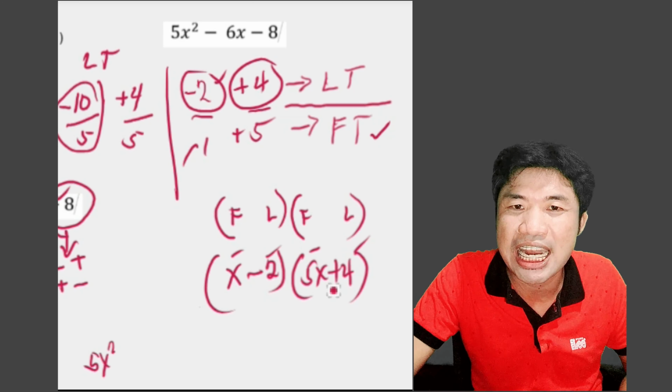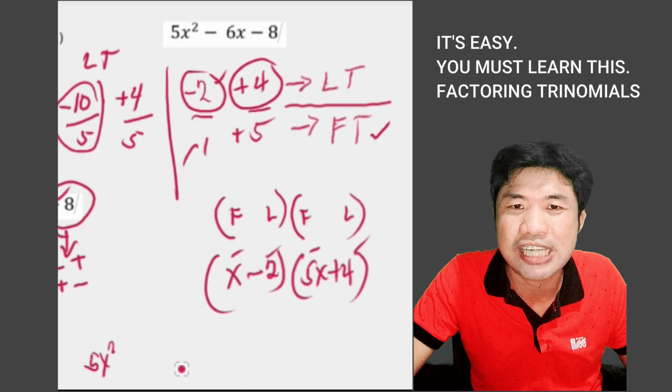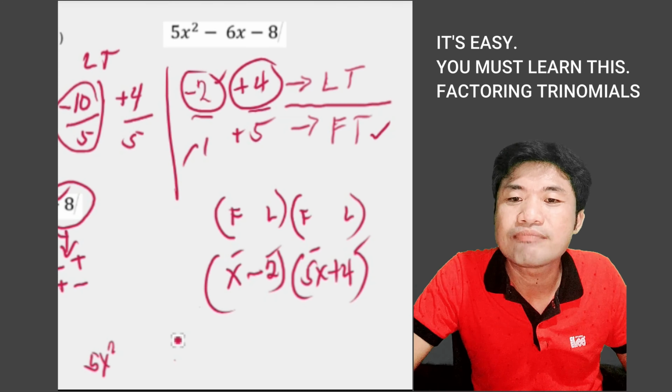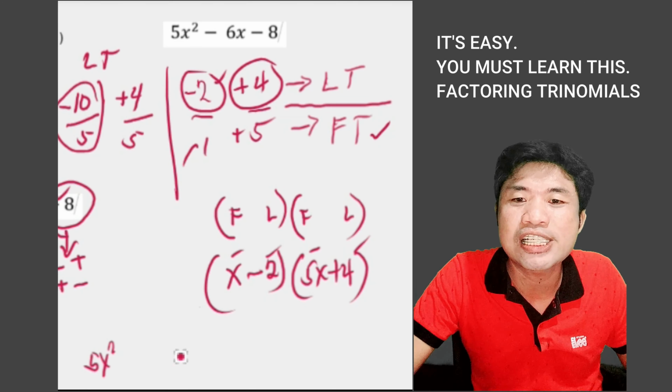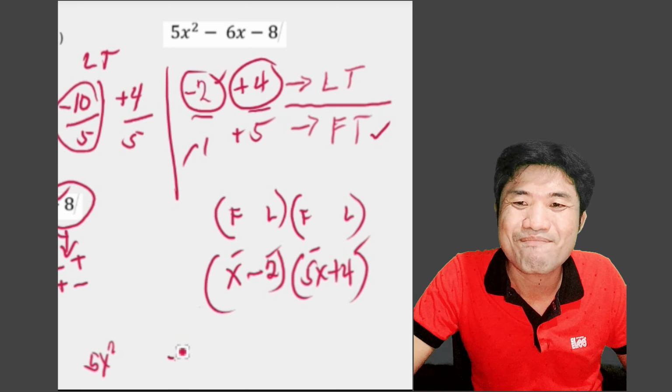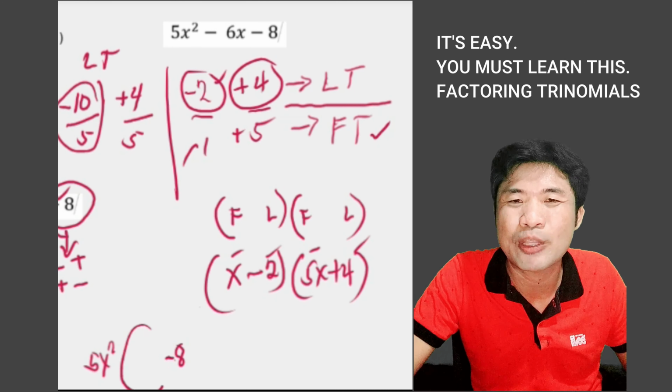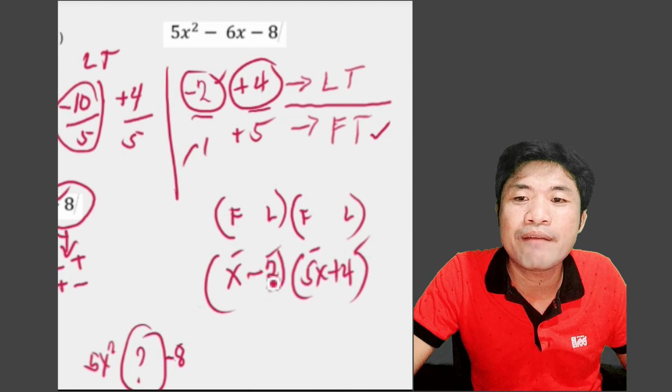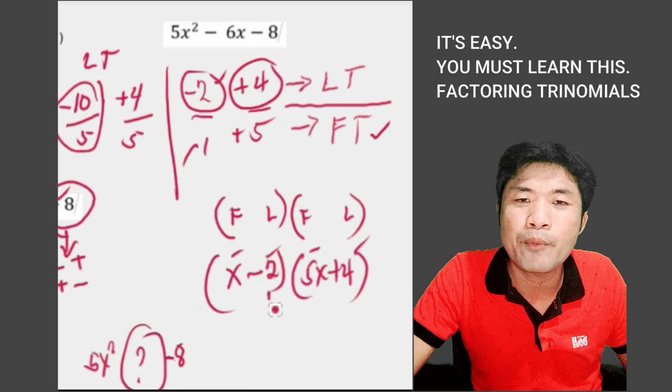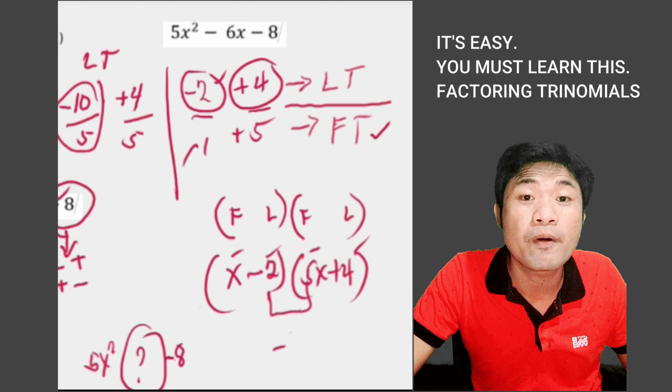Outside, inside natin, yun po ang addition or subtraction na operation. So, ganito. First term and first term, we have 5x squared. Then, last term and last term, we have negative 8. So, we'll now determine the middle term. Middle term, negative 2, inner tayo. X times positive 4 is 4x.